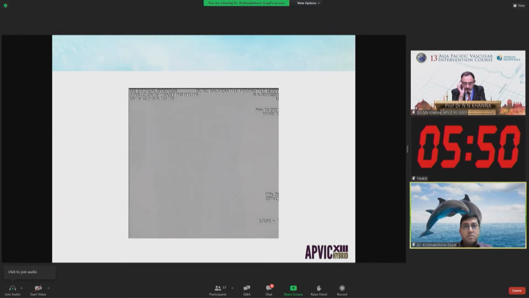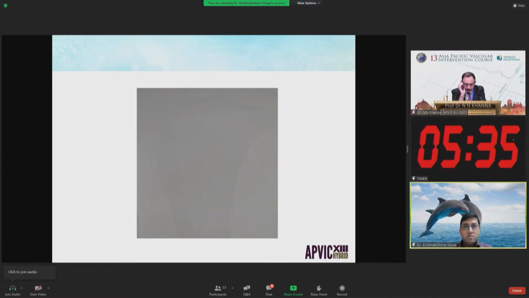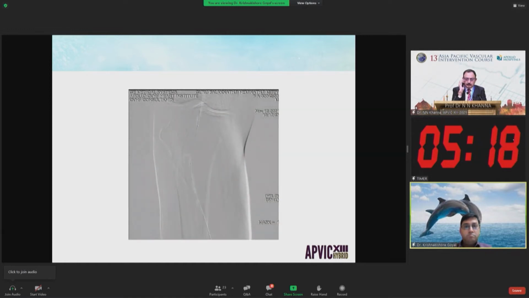So this is the CO2 angiogram, the antegrade puncture, and you can see a tight stenosis in popliteal just before the trifurcation. This will be rather clear. So we first of all decided to routinely predilate the lesion with 4.0 balloon.